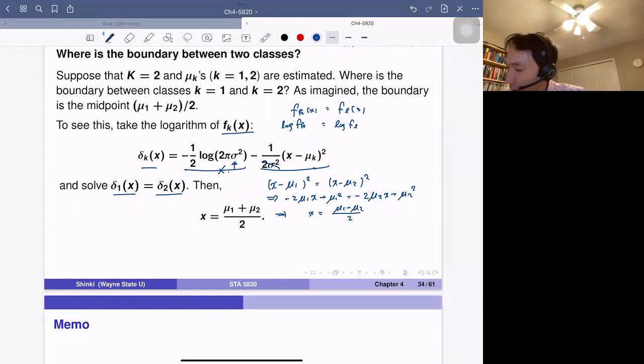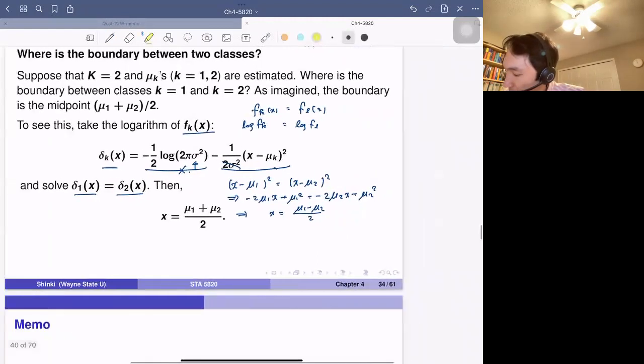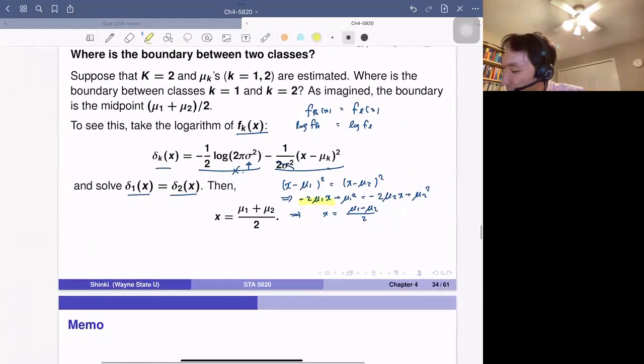You can just move this term to the other side, then 2 times (mu_1 minus mu_2) x, and then we move this term to the left-hand side, then mu_1 squared minus mu_2 squared. We divide by mu_1 minus mu_2, then we get mu_1 plus mu_2. So x is equal to (mu_1 plus mu_2) over 2. So this is the boundary.